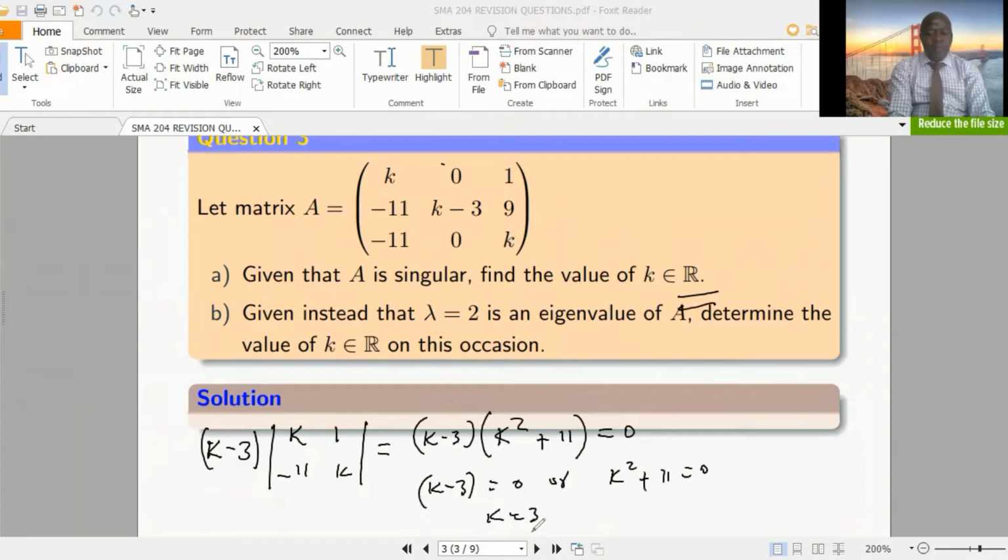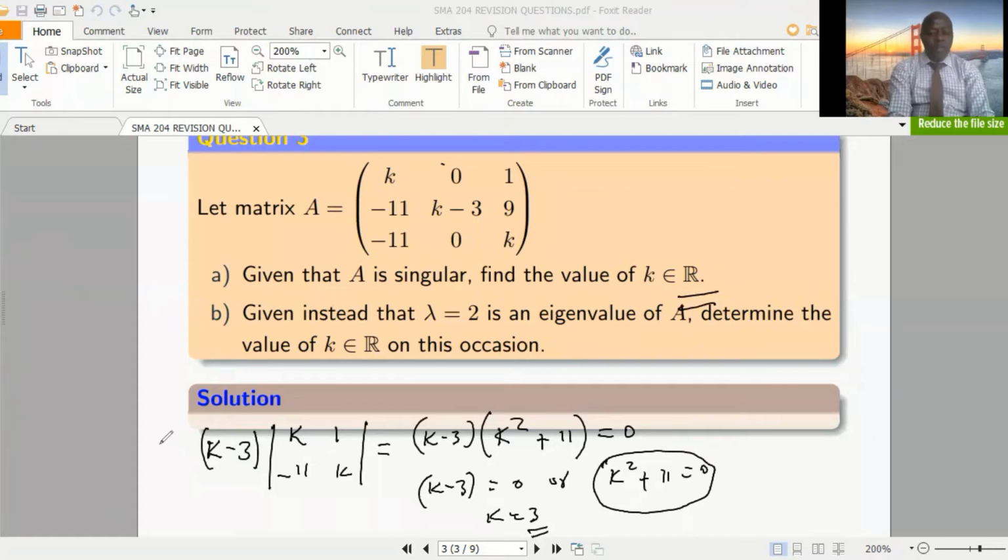And this is a real number. But if I were to solve for K in this other equation, I would find a complex number, not a real number. So I don't need to proceed with this. I'll stop at this point, and the question is answered.